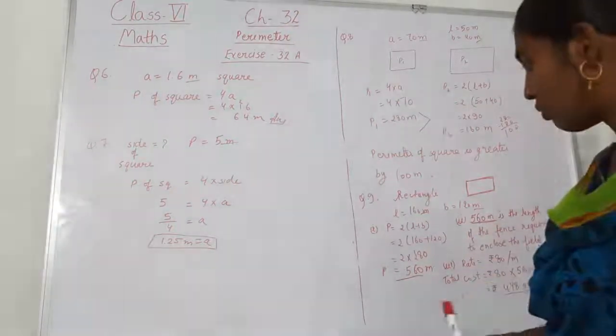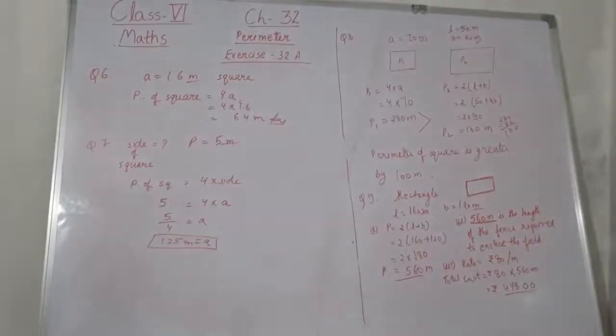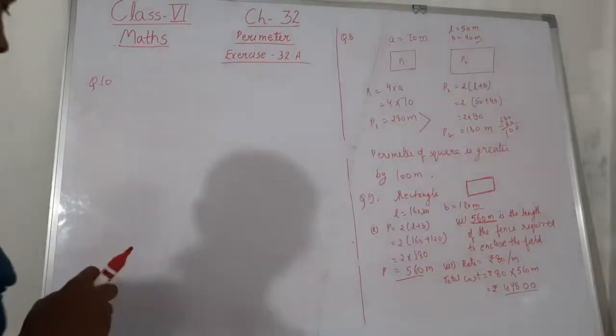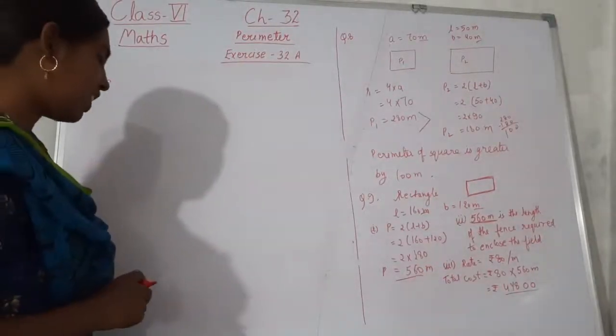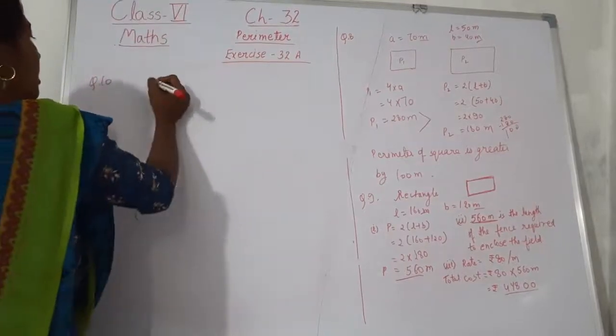Okay, so up to question number 9 it is over. Only one more question we will solve in this video, so note down this one. Now the next question is saying each side of a square plot of a land is 55 meter.